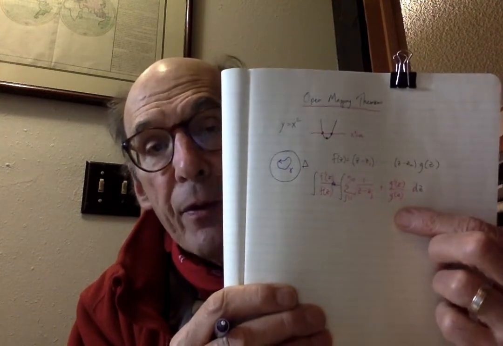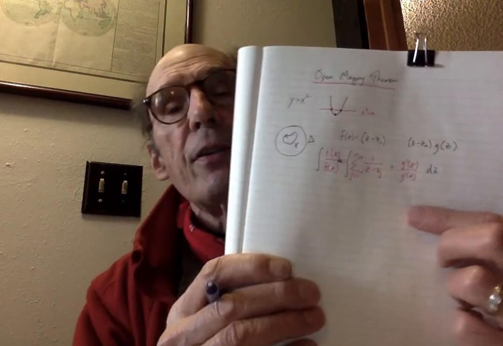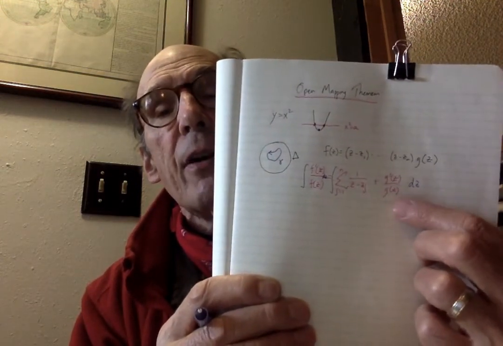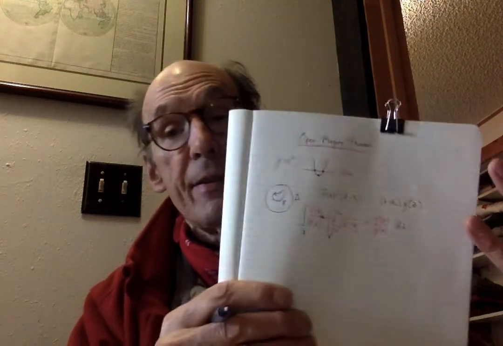So g prime over g is analytic, and when you integrate it, Cauchy's theorem says that the integral of g prime over g over gamma is 0.